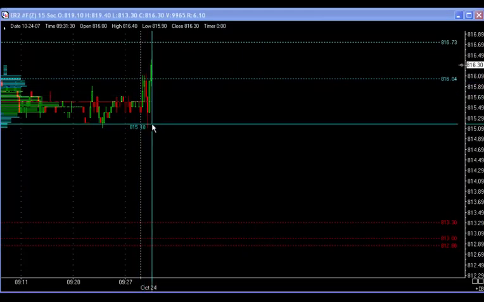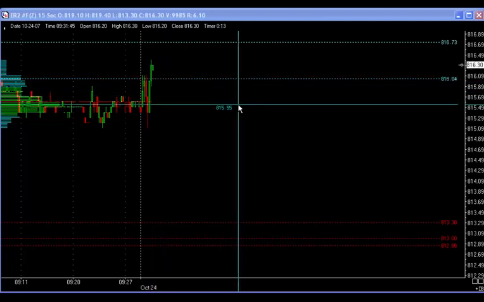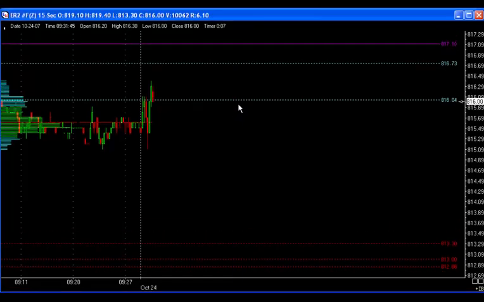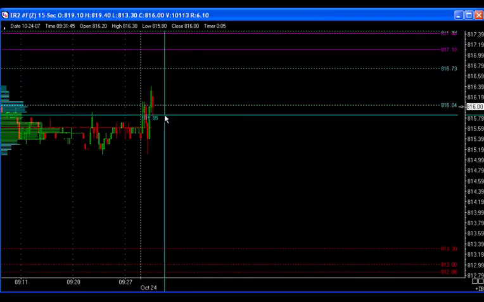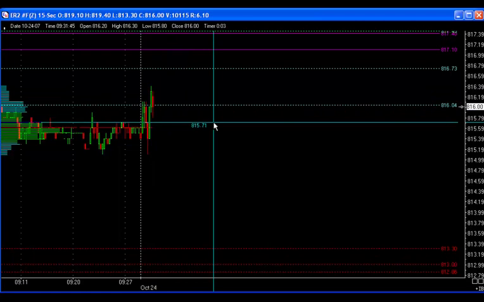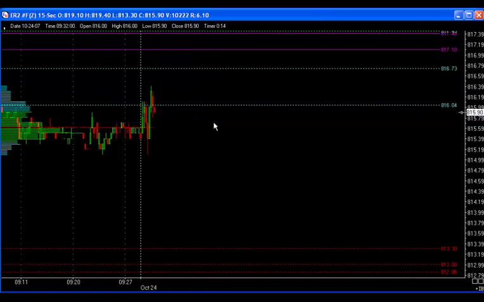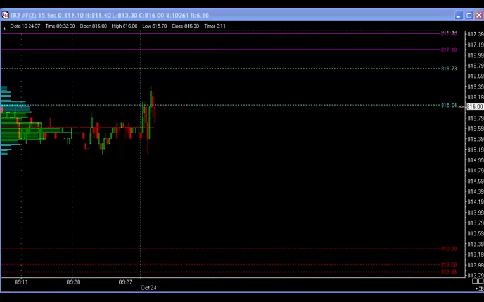Okay, so prices bounced off, moved back up, now moving above the VWAP, then coming back down again. So let's just watch this for a while.